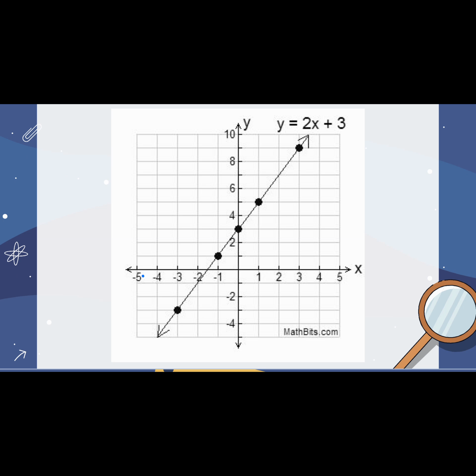Now, this is a little bit more difficult. What about a perpendicular line? Let's say this is perpendicular, that it comes in perfectly at 90 degrees. If we're writing an equation for it, is our slope going to change?